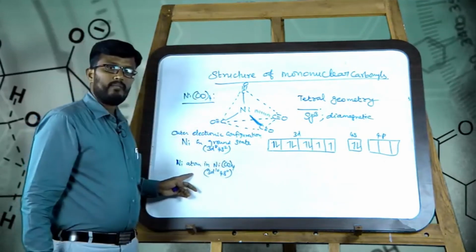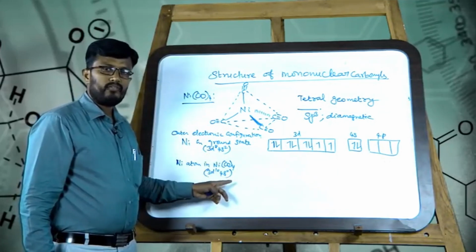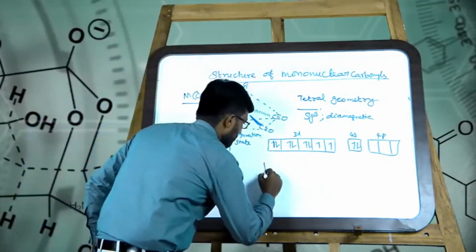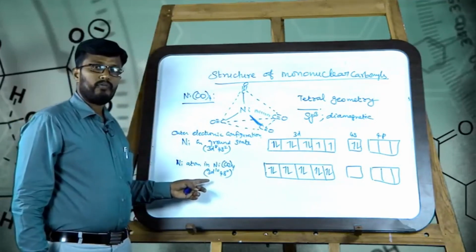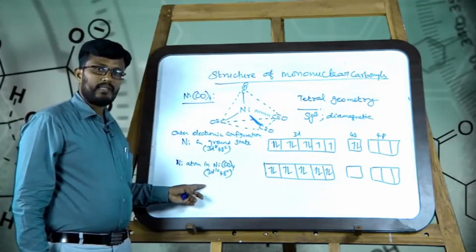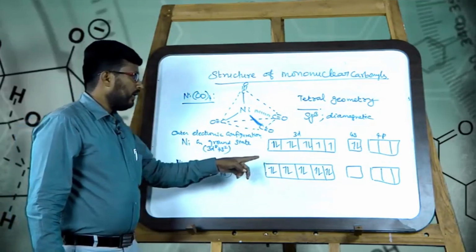The nickel atom in nickel tetracarbonyl is present as 3d10 4s0. The valence shell electrons of the nickel atom are 3d10 4s0 in nickel tetracarbonyl.